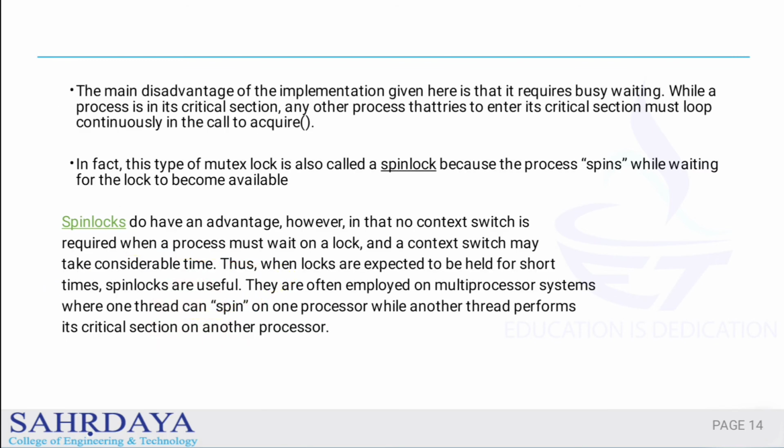On the next slide, we see the main disadvantage of the implementation given here. It requires busy waiting. While a process is in its critical section, any other process that tries to enter its critical section must loop continuously in the call to acquire.